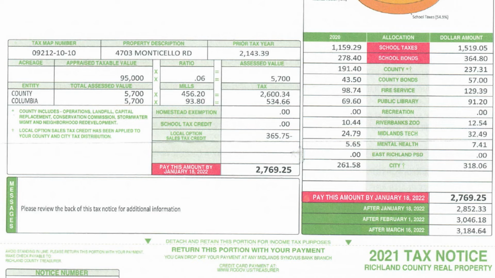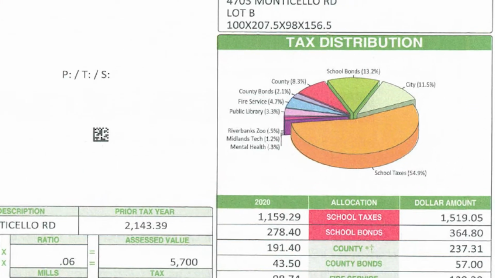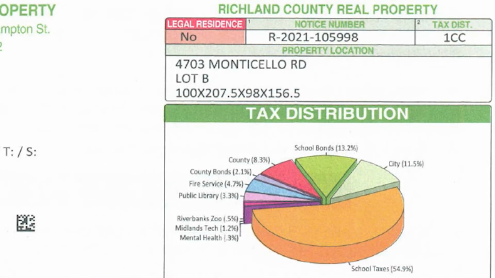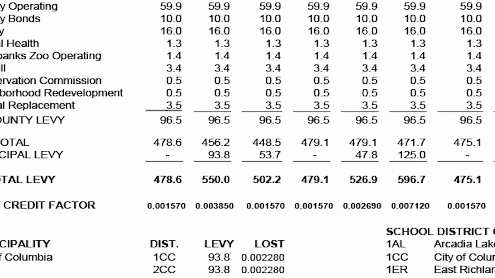All right, we are jumping into the investment property. The tax bill looks exactly the same. Remember, we see our tax district up in the upper right-hand corner. And this tax district tells us that we're going to be at a 5.5 total levy as far as the tax, the millage rate.